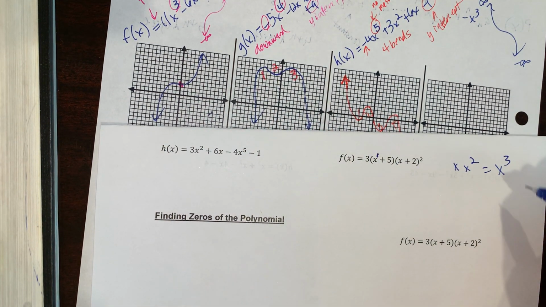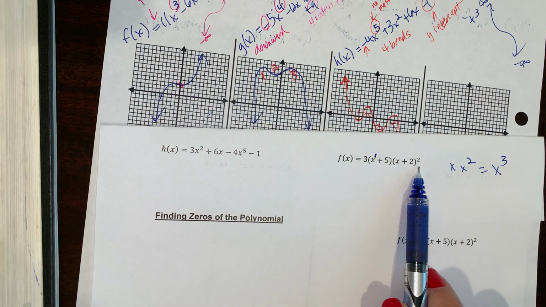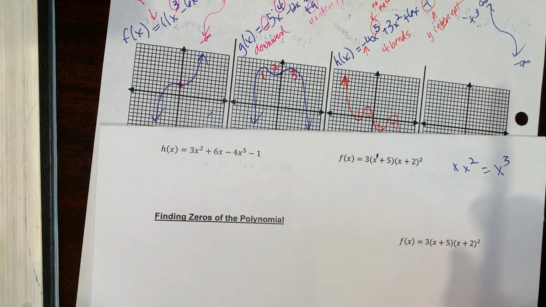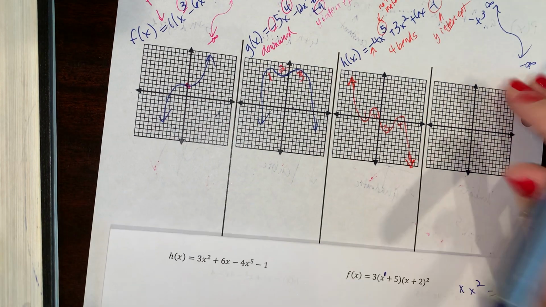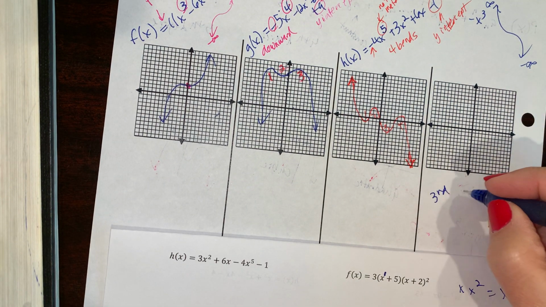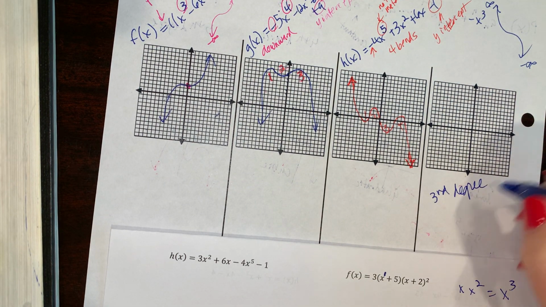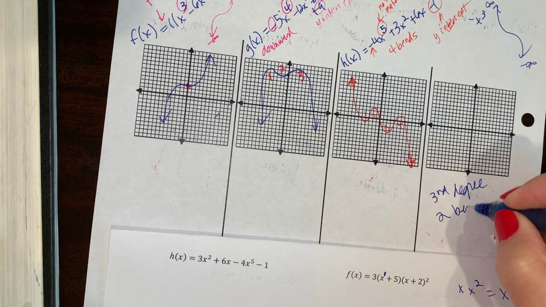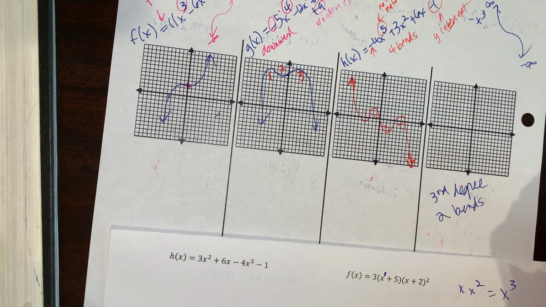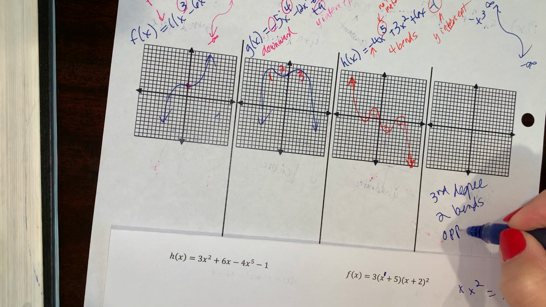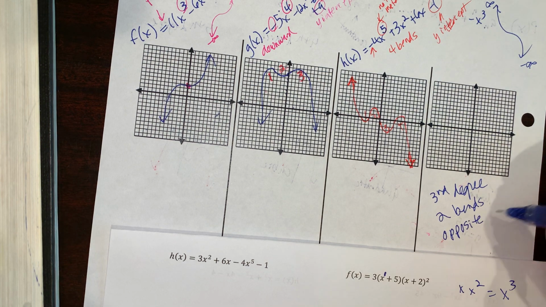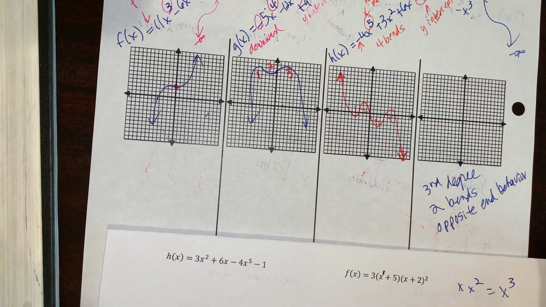So without writing it out that way, this graph is a 3rd degree. If this is a 3rd degree graph, you could have 2 bends and it's going to have opposite end behaviors. There's a lot of things that I figured out without graphing it super precisely.